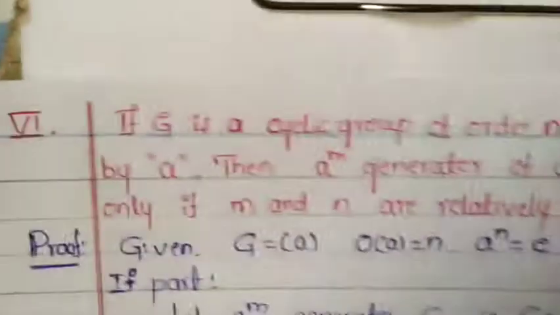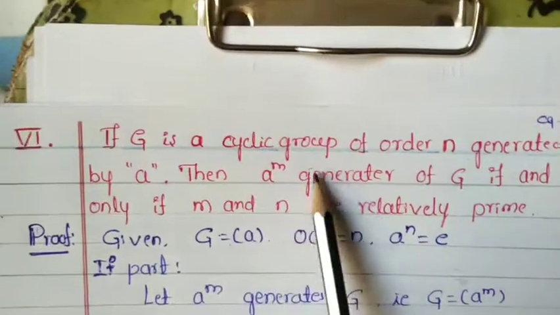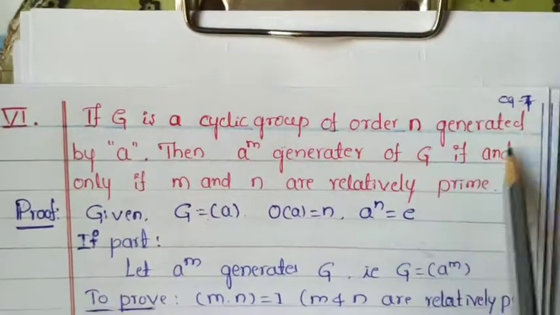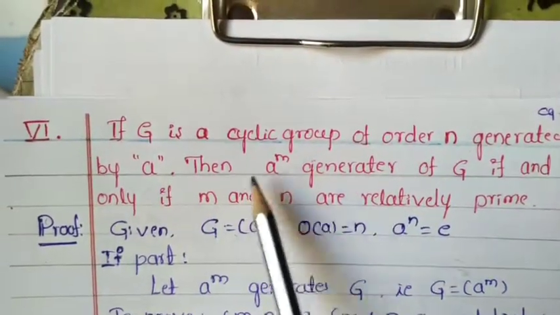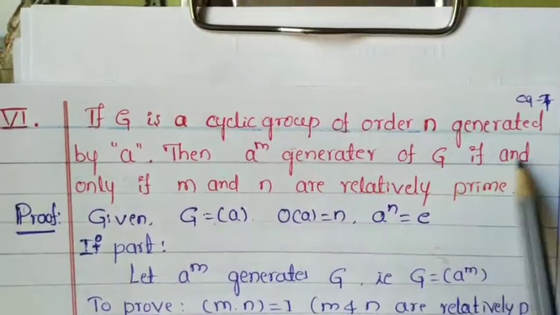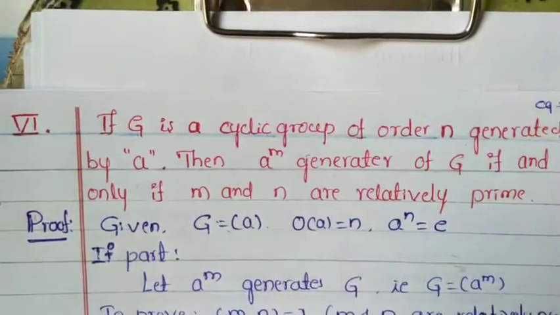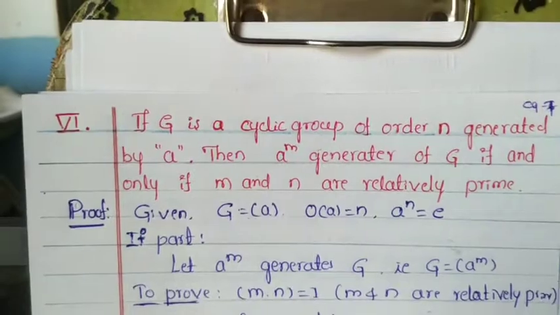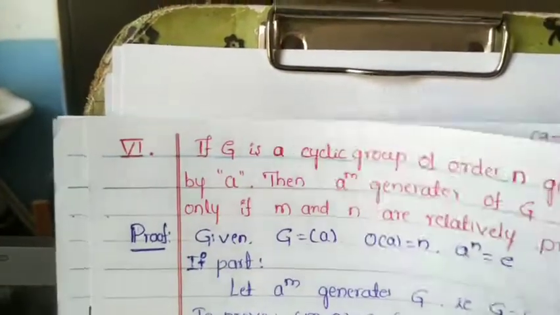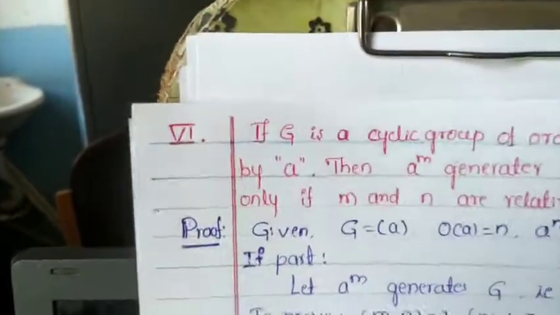Students, you can try this theorem. If G is a cyclic group of order n generated by a, then a raised to m is a generator of G if and only if m and n are relatively prime numbers. With this, we conclude the definition of a cyclic group and some examples.